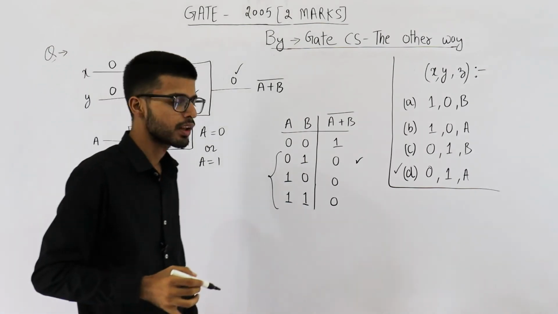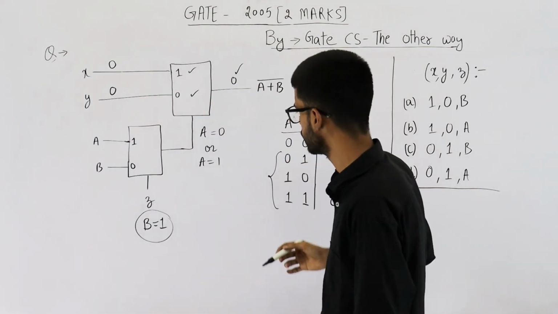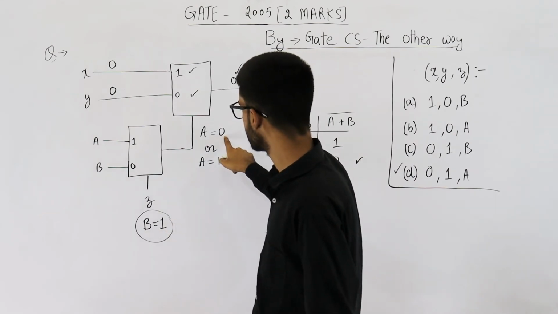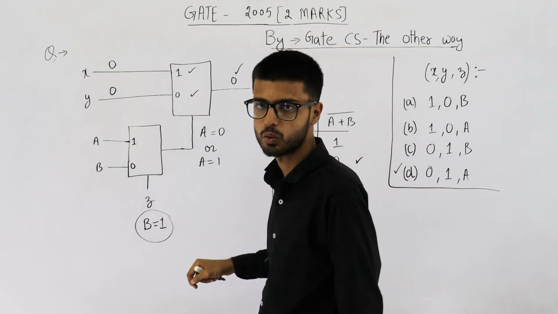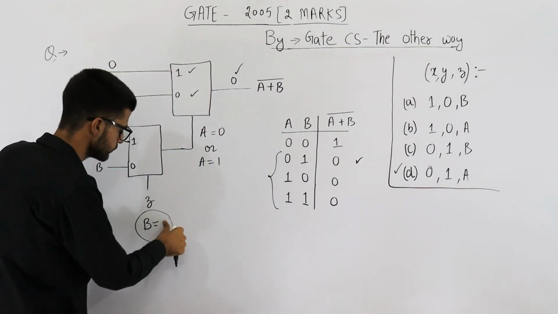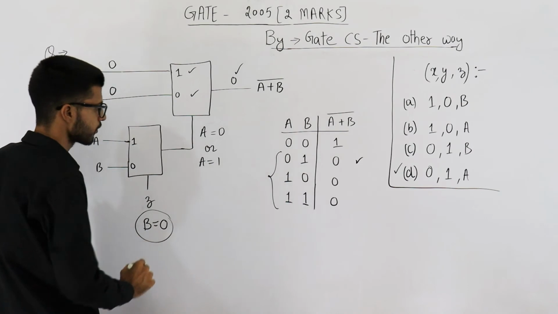Okay. Now let's analyze the third case. We have already analyzed two cases: B is equal to 1, A is equal to 0, and B is equal to 1, A is equal to 1. Now let's analyze the third case when this variable B is 0.